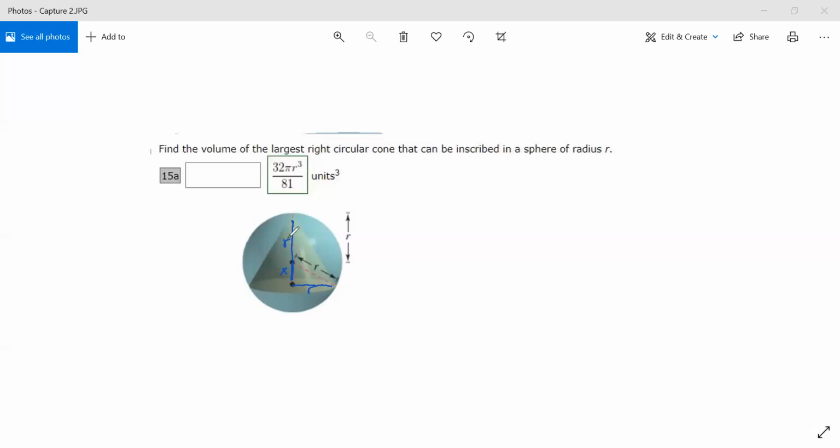I should call this the big R, because they're not the same, so let's call that big R.